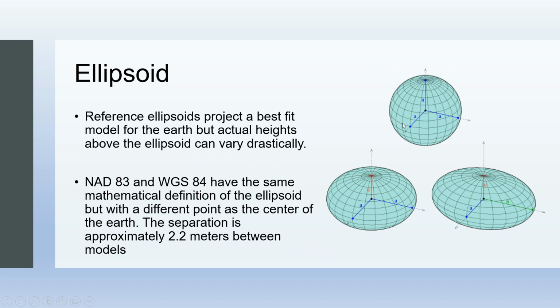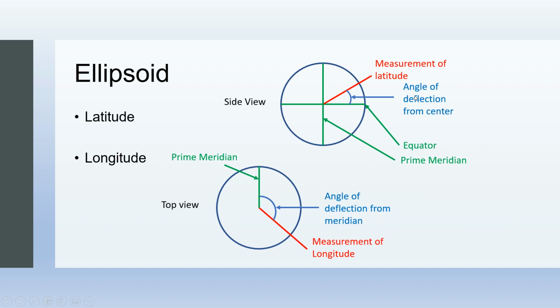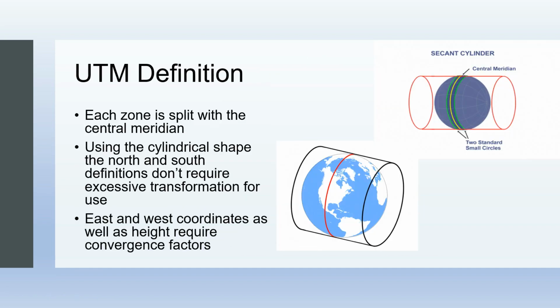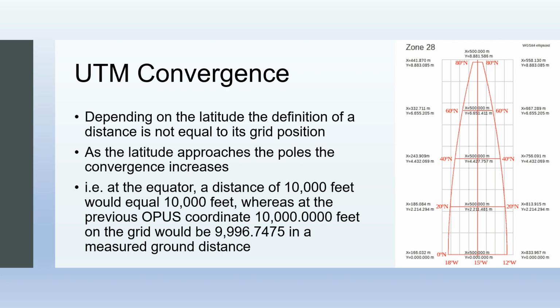So the distance from here to here is the same mathematically for the longitude definition, and the same mathematically from here to here for the longitude definition. But the physical distance between those two points is not the same. So here's how this works: the UTM convergence is based off of the latitude.